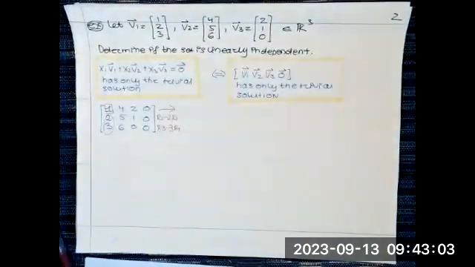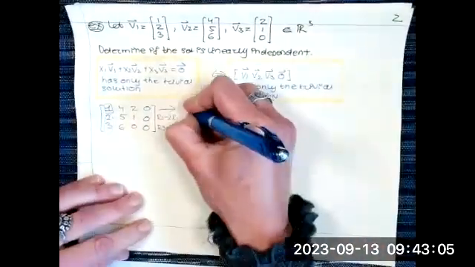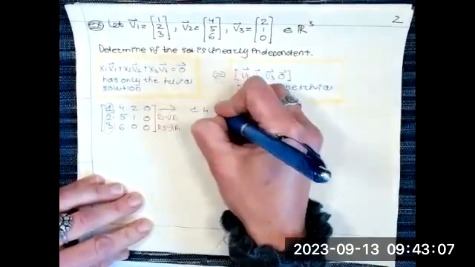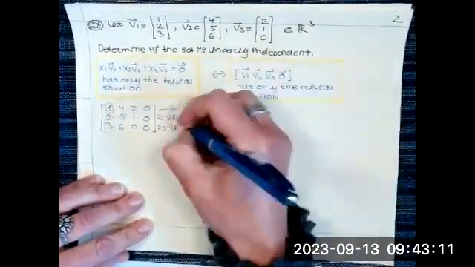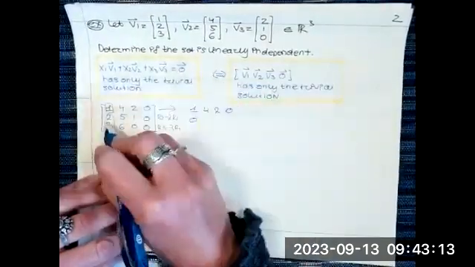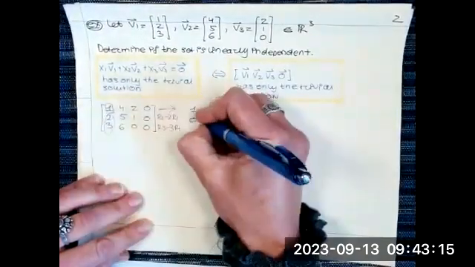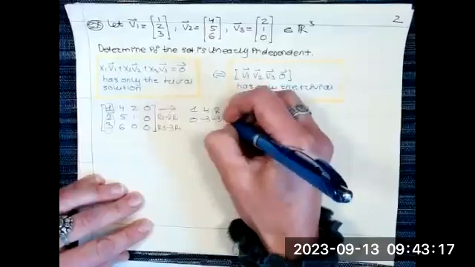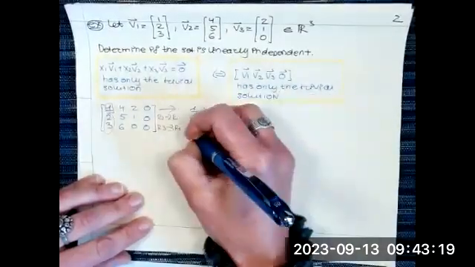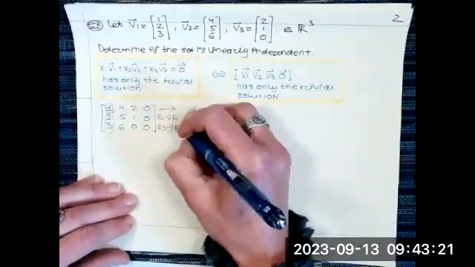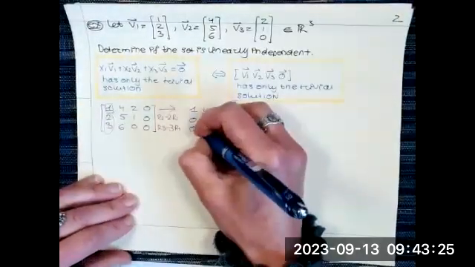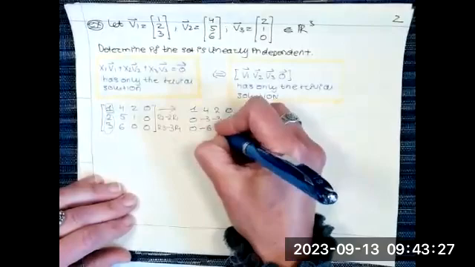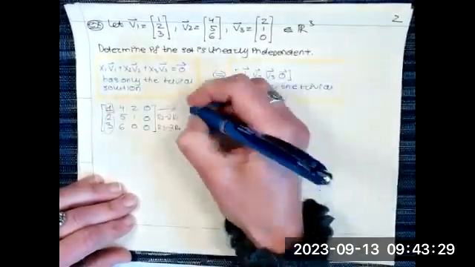If I carry out these computations, I'm going to have 1, 4, 2, 0. The first row is unchanged. In the second row, I'll have 0 like I wanted, then minus 3, 0. And in the last row, I'm going to have 0, 3 minus 1 times 3, so minus 6, and 0.